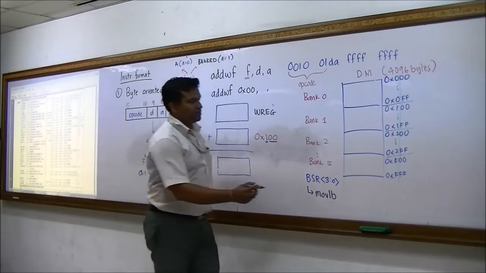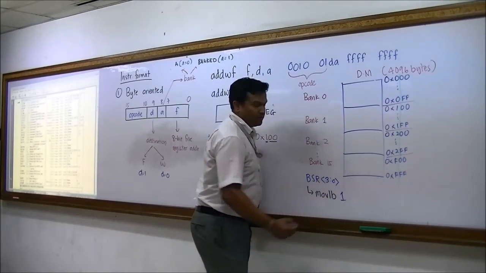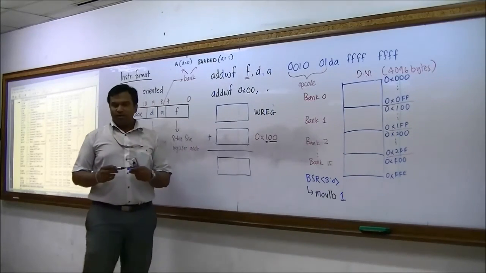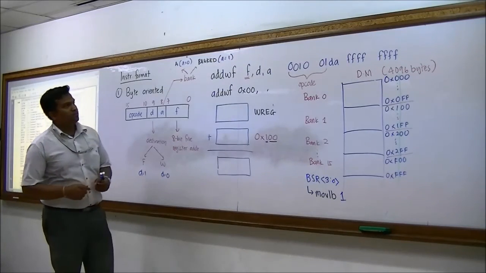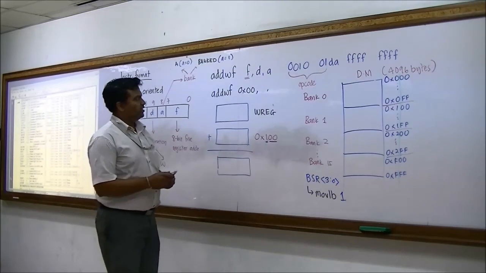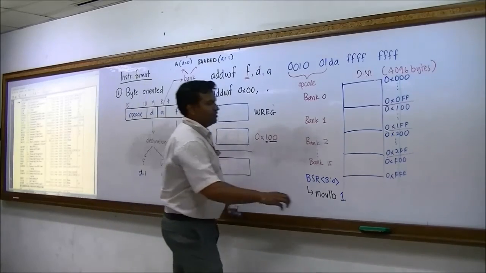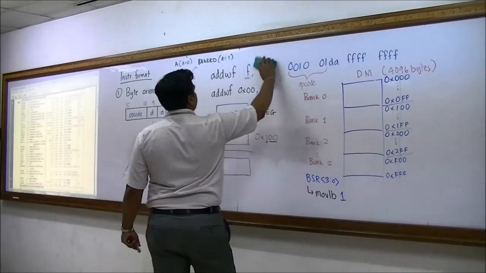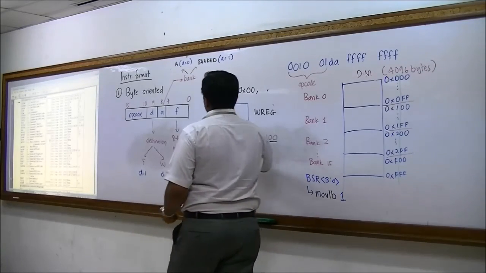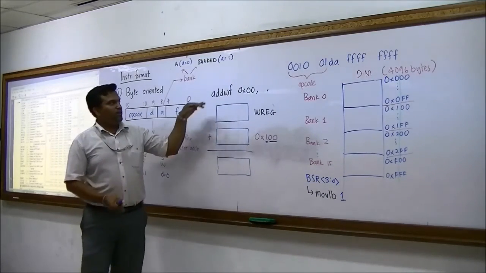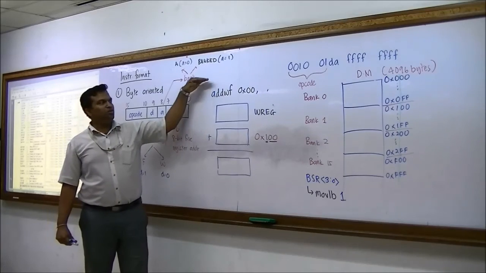You activate bank 1. Before you write this instruction, you need to include another instruction.